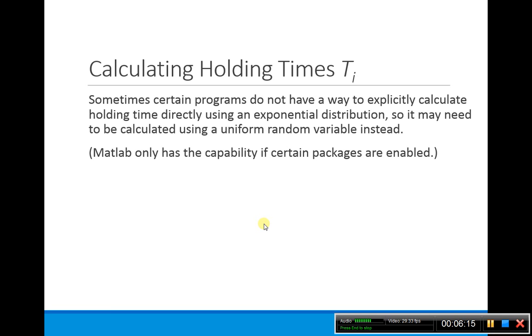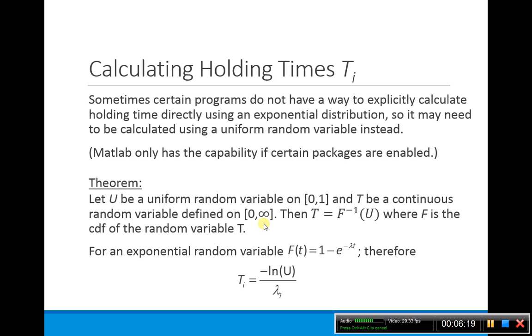But most likely, you can draw from a uniform distribution. So one of the nice theorems is how you actually take a draw from a uniform distribution and you can get any other random variable that you want from any other distribution. So if you let u be a uniform random variable on the interval 0 to 1, and t is some other random variable satisfying some other distribution, then you can say t is equal to F inverse of u, where F is the CDF of the random variable t.